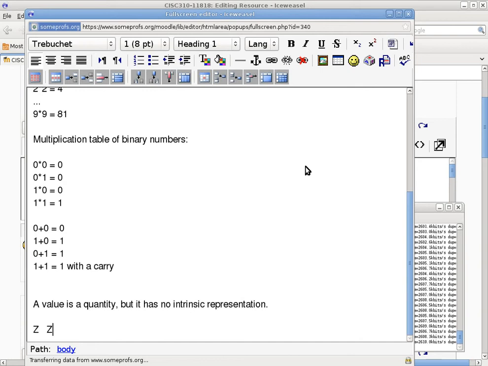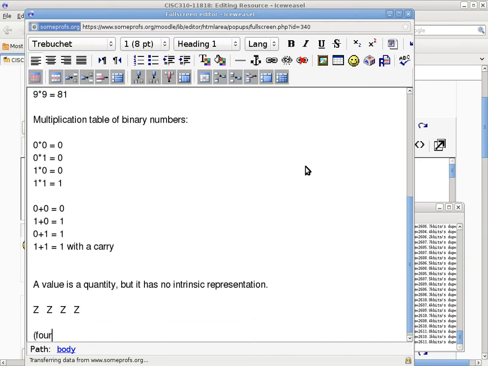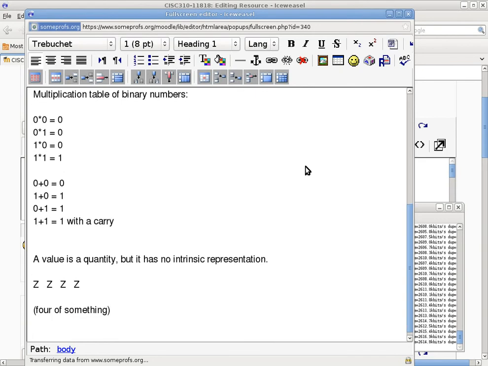So now we have 1, 2, 3, 4. 4 of something. The question is, how can we represent the quantity 4? Well, as it turns out, there are many ways to represent the quantity 4. If you just use the regular way of representing things, let's talk about money.